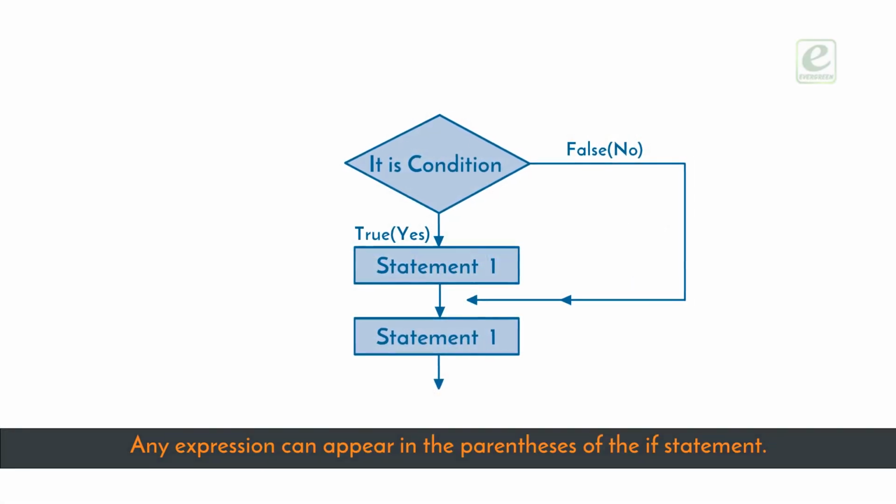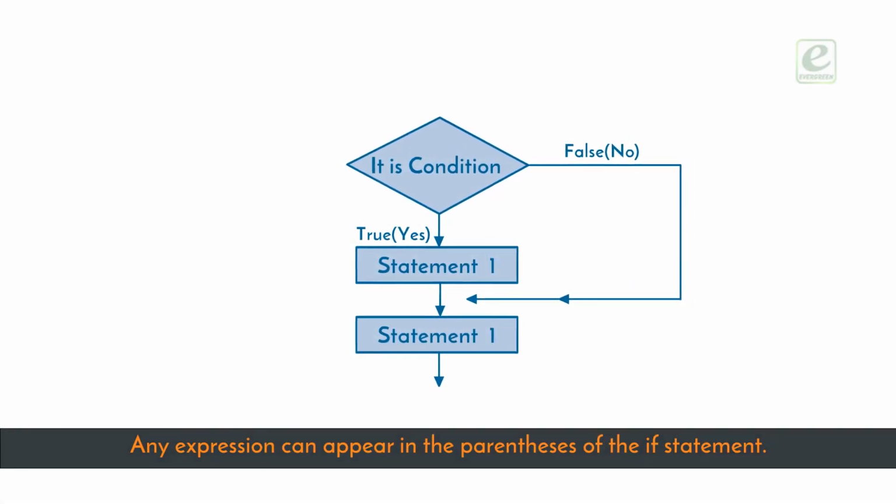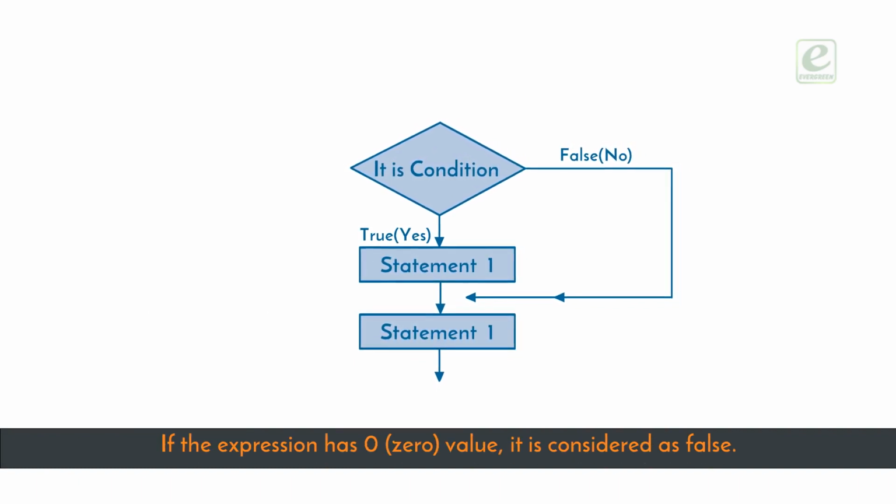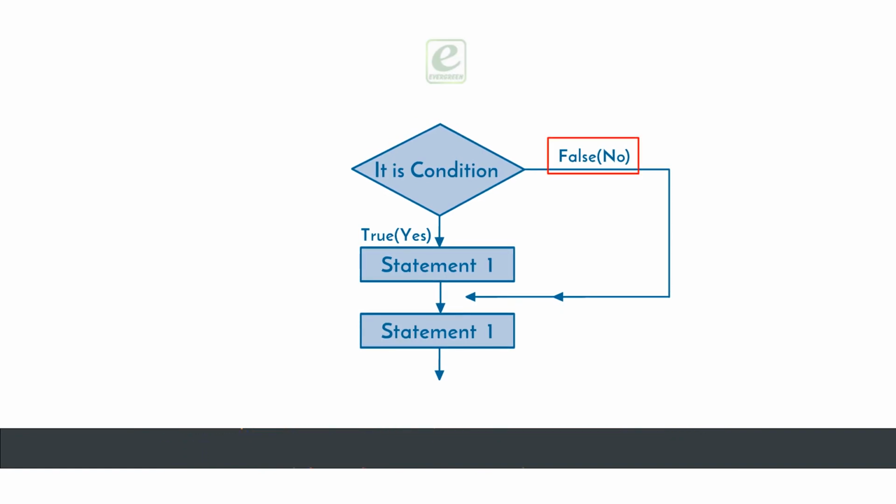An expression can appear in the parentheses of the if statement. If the expression has 0 value, it is considered as false. If the value is non-zero, this is true.